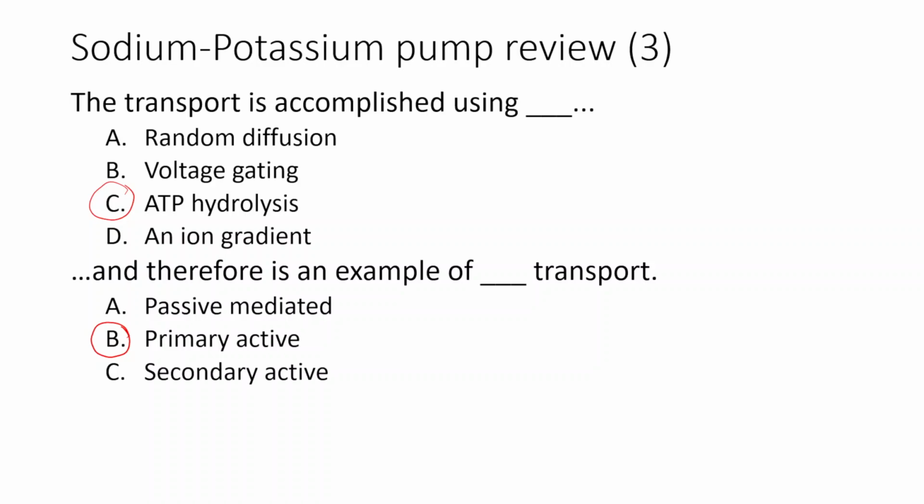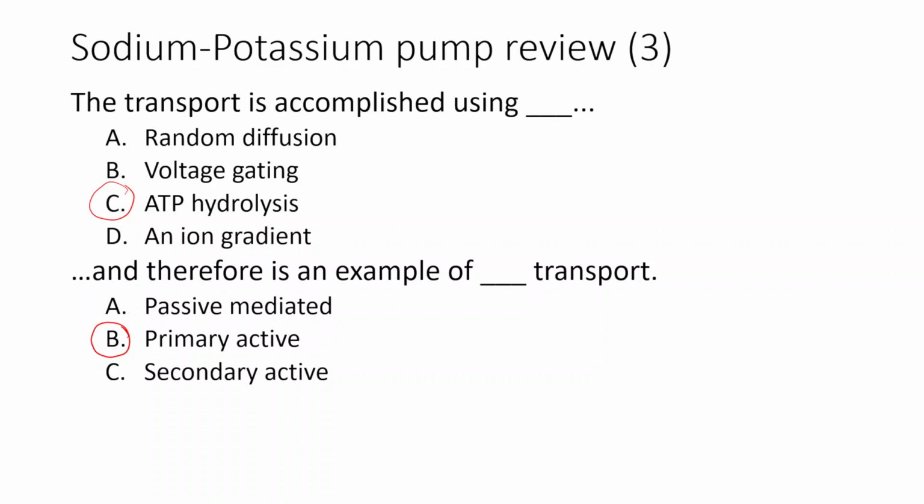Yeah, exactly. So for anyone who didn't hear, for primary active transport, it's just like we described, where that transporter itself is the one using the energy to create an ion gradient.